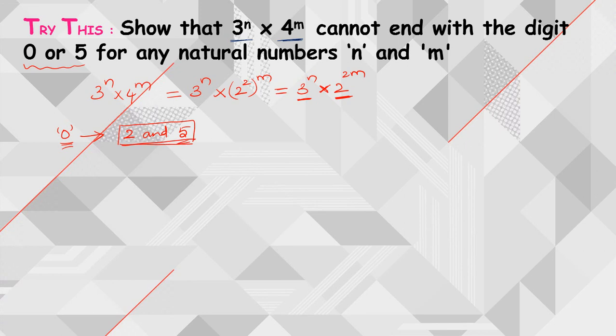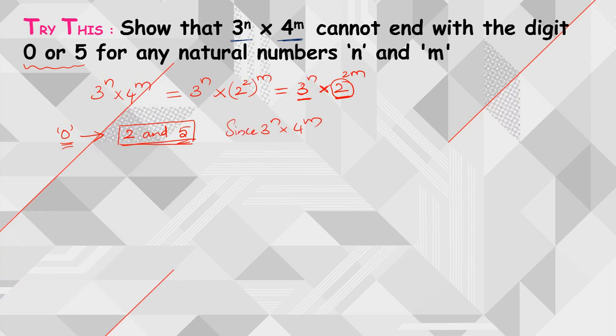But in the given number, only 2 is present, there is no 5 here.